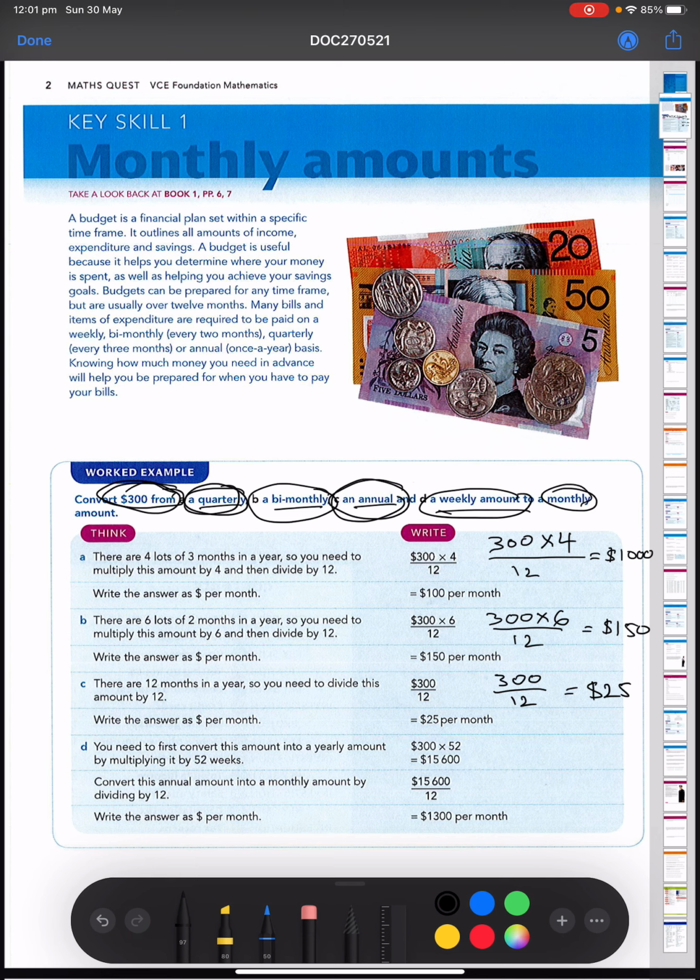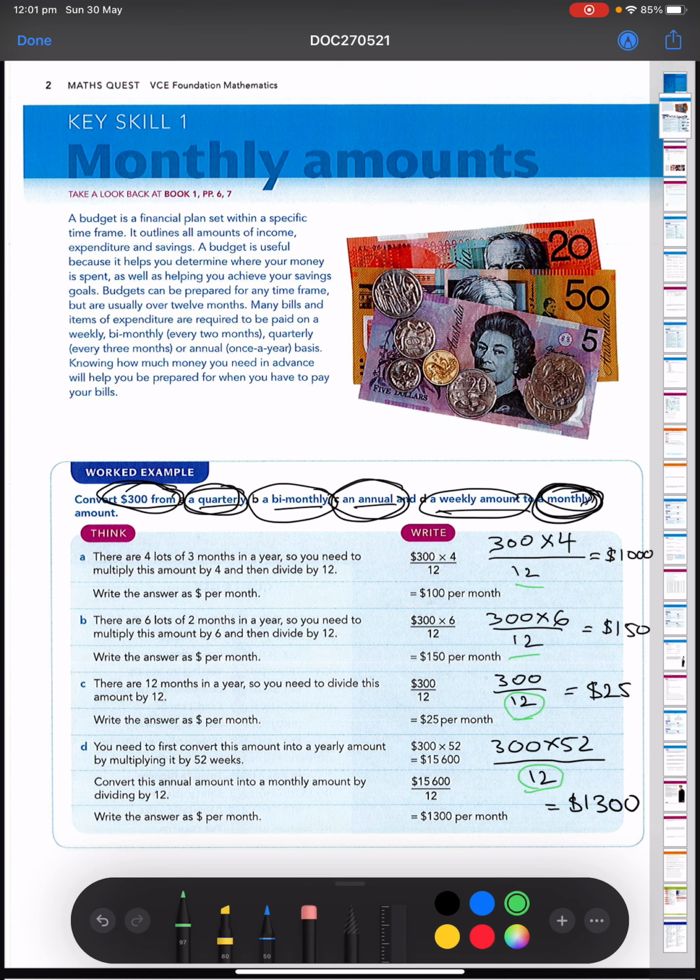So what we're going to have to do first off is times that 300 by 52, and whatever our answer is, divide it by 12 because we're looking at per month, which would end up equaling $1,300 per month. So here we are converting it to a monthly figure, which is why we've divided it by 12 each time.